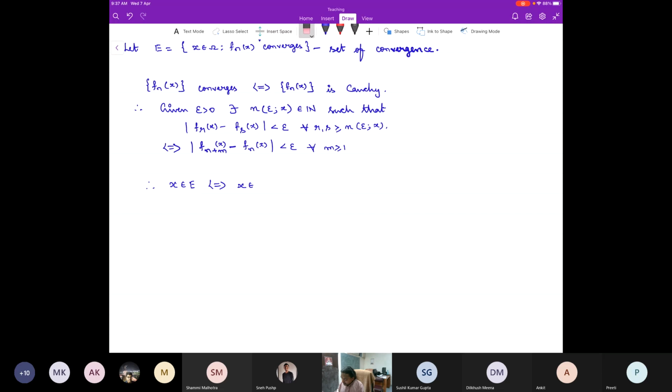So, x belongs to E. When will that happen? First thing to be observed is that this is true for all m, and therefore intersection over m in N, all those y in omega such that modulus of f(n+m)(y) minus fn(y), this difference you can make less than epsilon for some n in N and every epsilon positive.